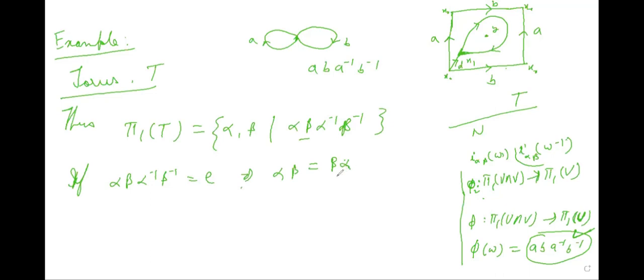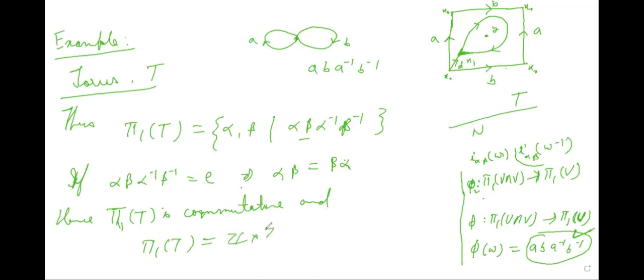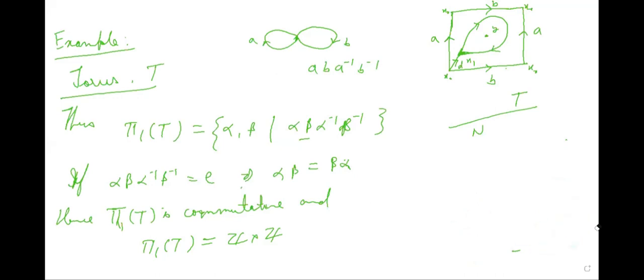So what we are going to get, hence pi 1 T is commutative, and this is going to be Z cross Z. So you just see here that if you have two generators alpha and beta which commute, then the group generated by them is going to be alpha to the power R1, beta to the power R2, with R1 and R2 belonging to Z, right?